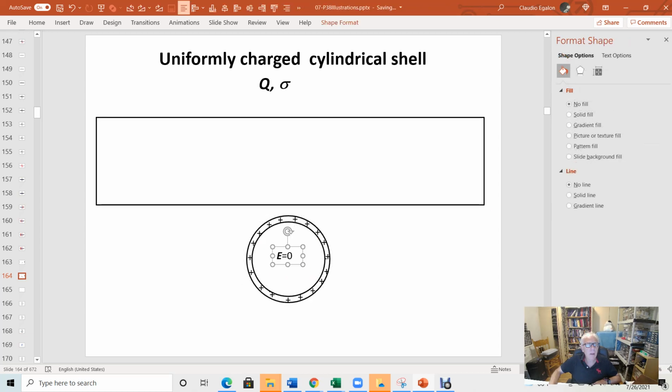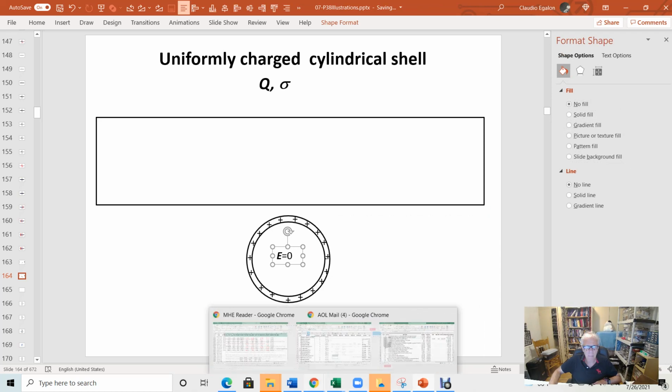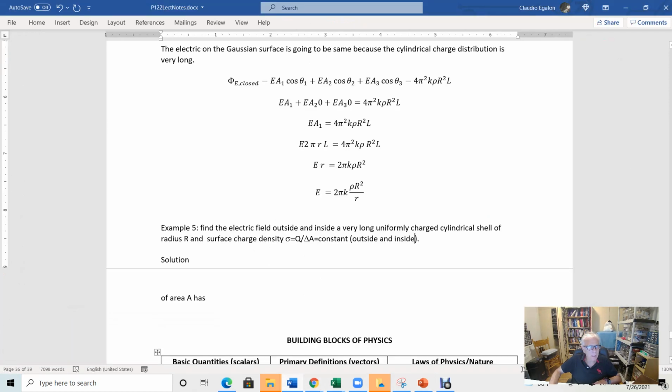And go ahead and calculate the electric field on the outside. On the inside, the E field is equal to 0. Calculate the field on the outside.